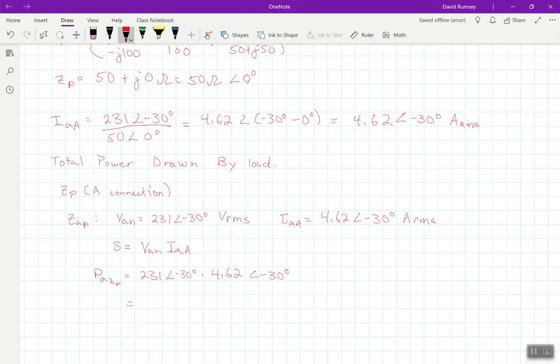So if I multiply this out, I'm going to go ahead and write the whole thing out here, including the decimal. 1067 at an angle of negative 30 degrees. Now I'm going to convert that to rectangular format here.